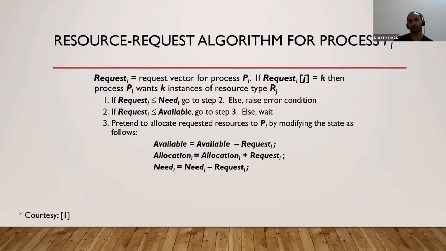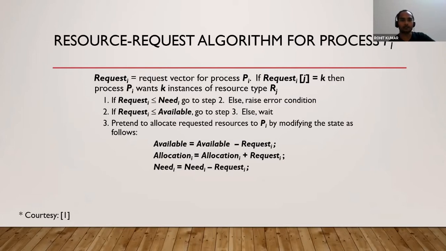In that condition, you don't need to raise an error, because it can be a genuine case: the process may need more resources, but currently available resources are fewer. So you just have to wait for a random period of time. As soon as the resources become available, they will get allotted to you.